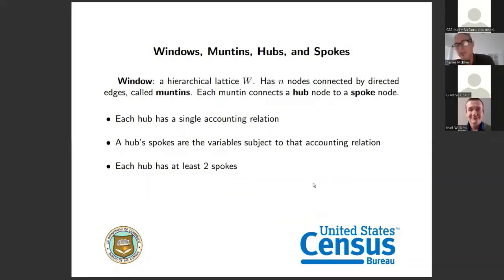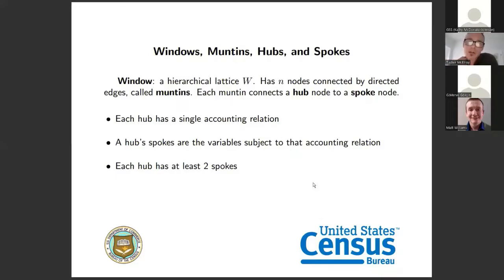But before I get to the notion of a terrace, I need to talk a bit about windows and hubs and spokes and so forth. I took this terminology from the architecture of windows. I went on Google and was looking at Gothic windows a little bit and learned about this. It seemed like evocative language, which is appropriate.